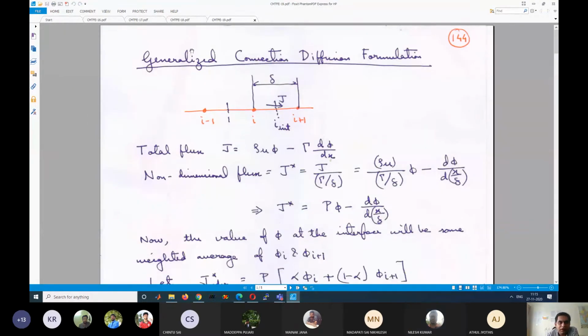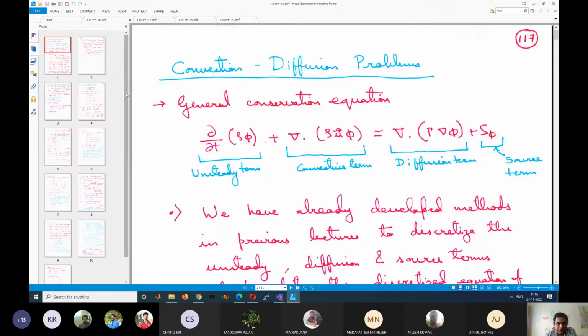So, in the previous few classes, we were discussing convection diffusion problems and how to discretize them. And what we have seen is that there are different schemes to discretize the advective term.